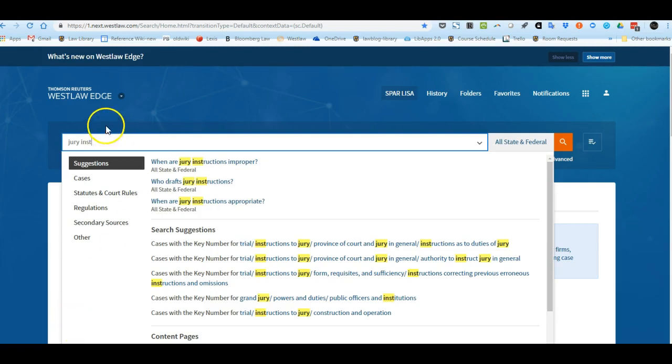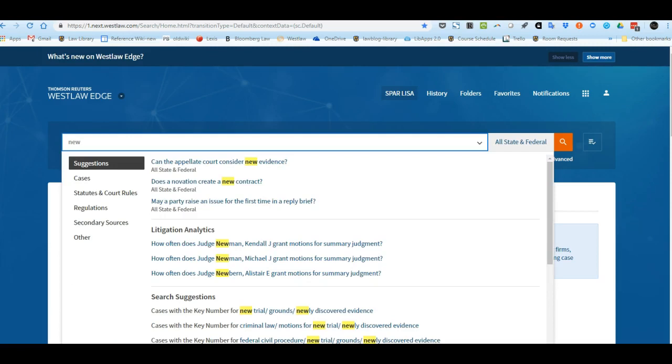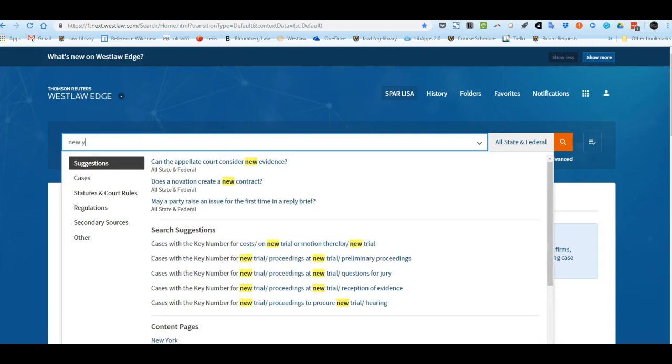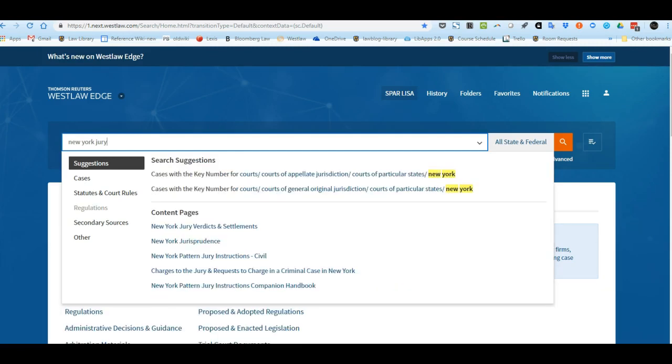So what I am going to do instead is specify a jurisdiction, because usually when you're looking for jury instructions, unless you're writing a paper on it, you're going to be interested in a particular jurisdiction. So here in New York, if I start typing in New York jury instructions, I will see what we call PJI.